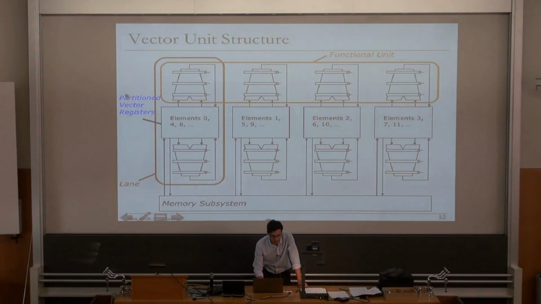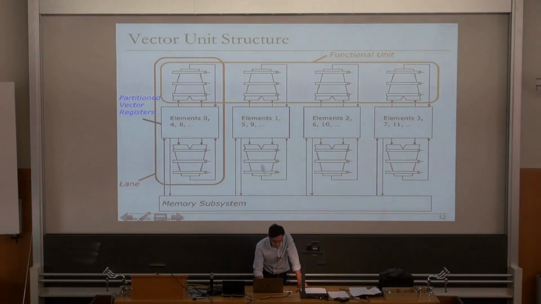We talk about a partitioned register file or partitioned vector registers because depending on the functional unit here, we will need to access different elements of the vector register. This is called a lane, because this is the name that each of the parts of the vector unit has. In this lane, we are executing all the operations related to element 0 in the input or output registers.